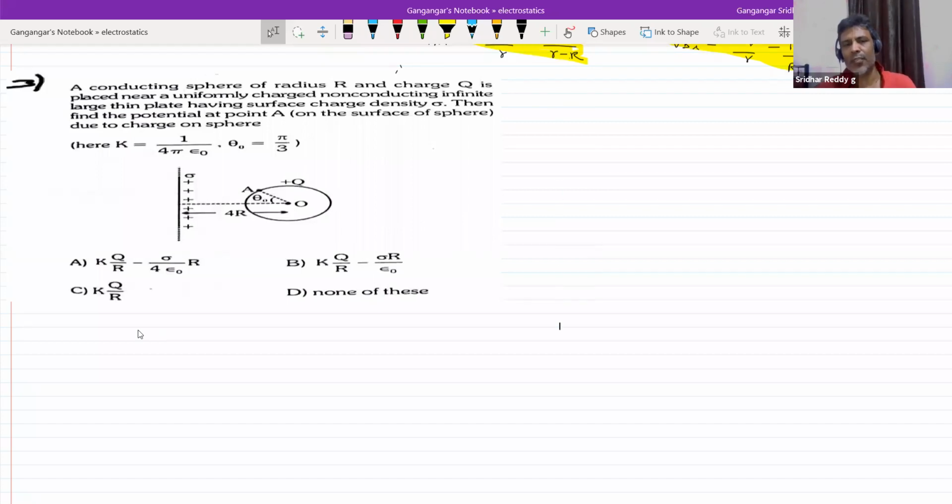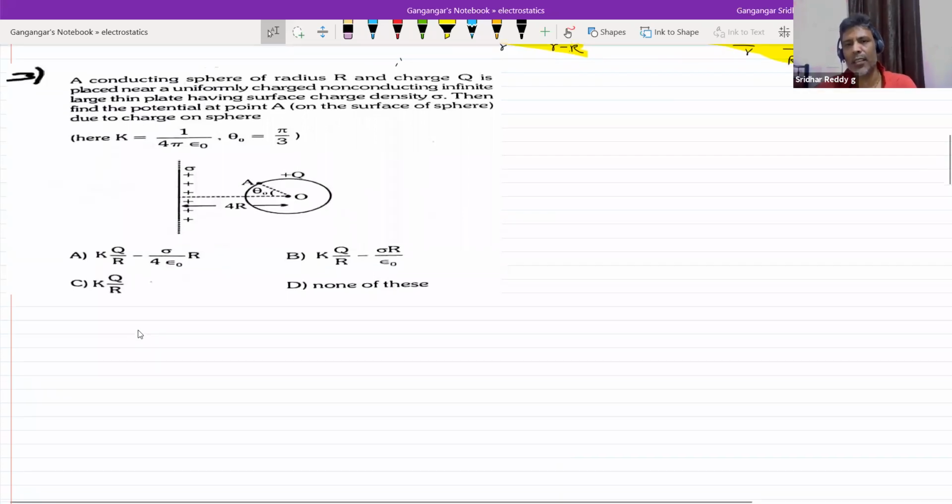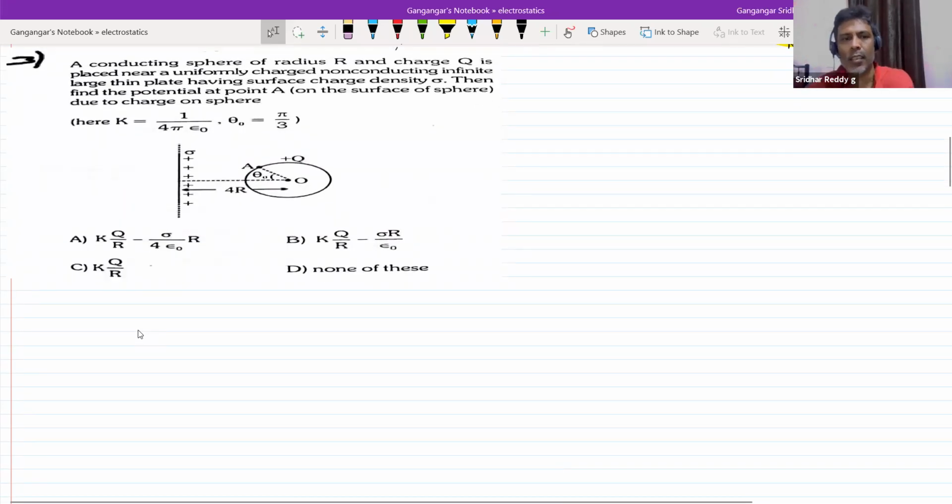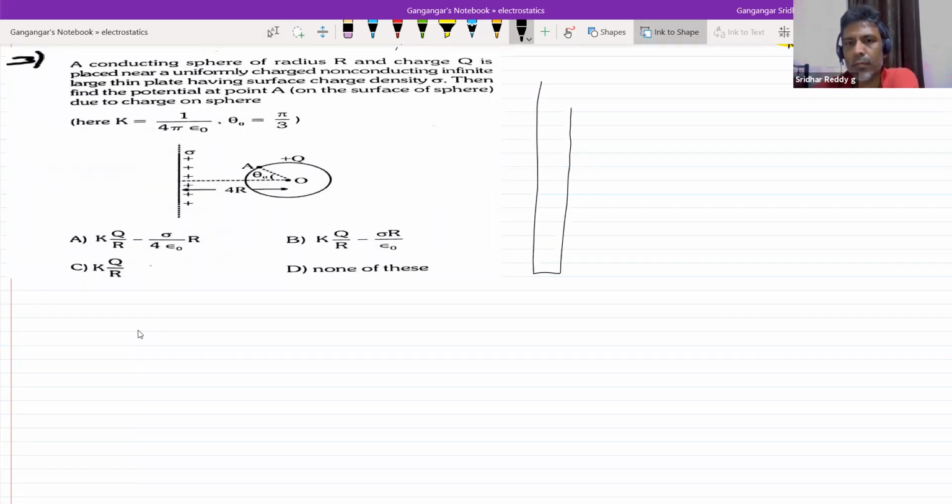So instead of a point charge, here I'm bringing a sheet. I'll give a better diagram. The sheet and the sphere.